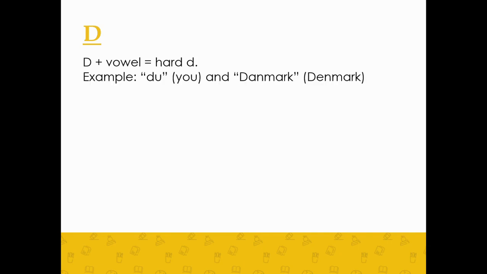Let's start with the consonant D. D plus a vowel equals what we call a hard D. An example could be "du", you, and "Danmark", Denmark. So it gets this D sound whenever it's in front of a vowel.